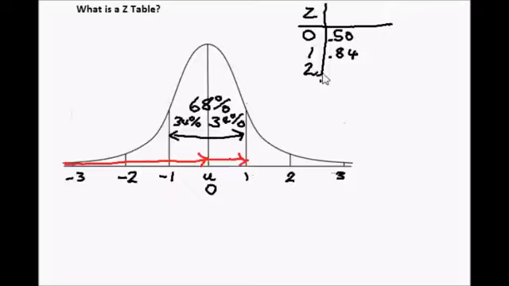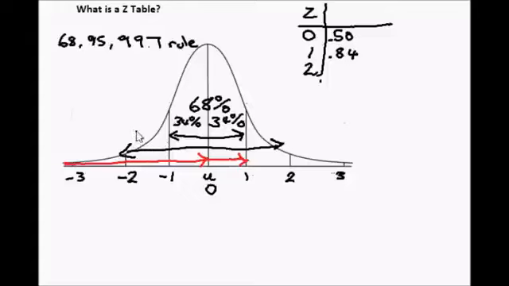A z-score of 2, well, the 68, 95, 99.7 rule tells us that from -2 to 2 standard deviations, this is going to be 95% of the data in between -2 and 2 standard deviations, or a z-score of -2 and 2.